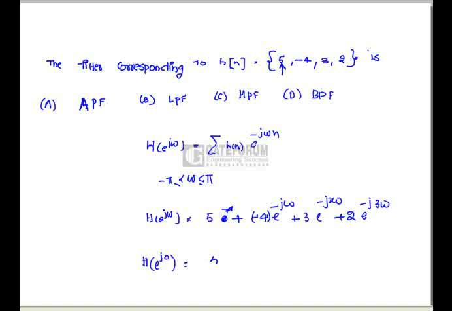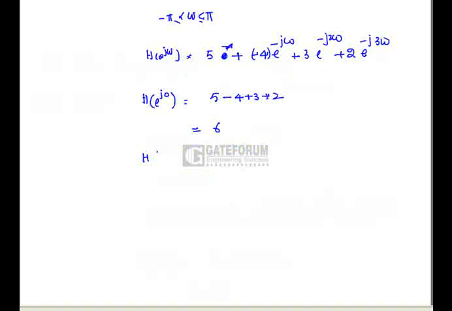If we substitute omega equals 0, we get 5 minus 4 plus 3 plus 2, which equals 6. If we check at the highest frequency, that is j pi: 5 minus 4 e power minus j pi plus 3 e power minus j2 pi plus 2 e power minus j3 pi.